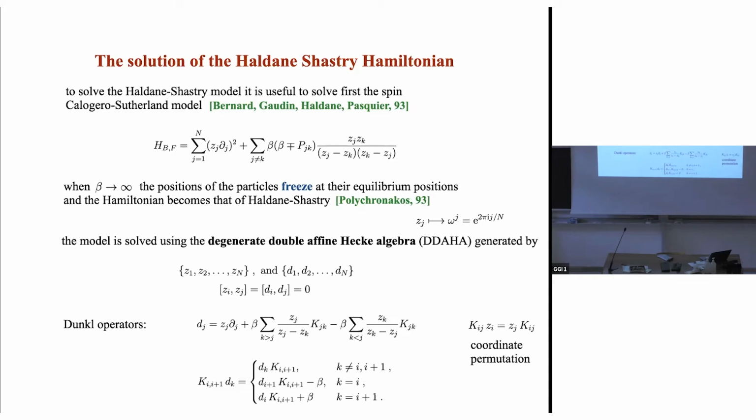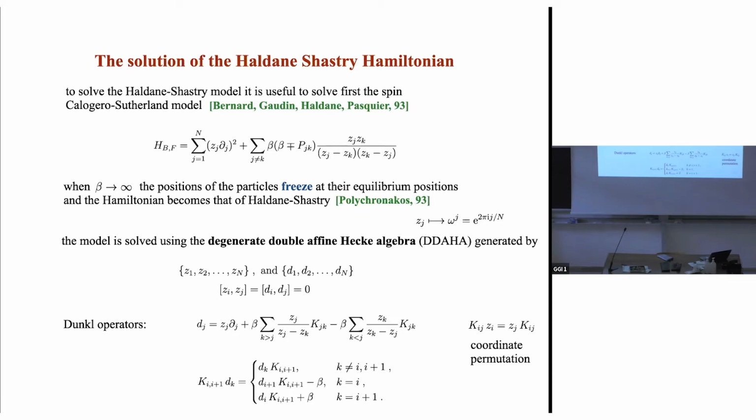I consider here two different versions of the Hamiltonian with two different signs, because there are two different conditions on the wave function which will correspond to the two signs of the exchange term.